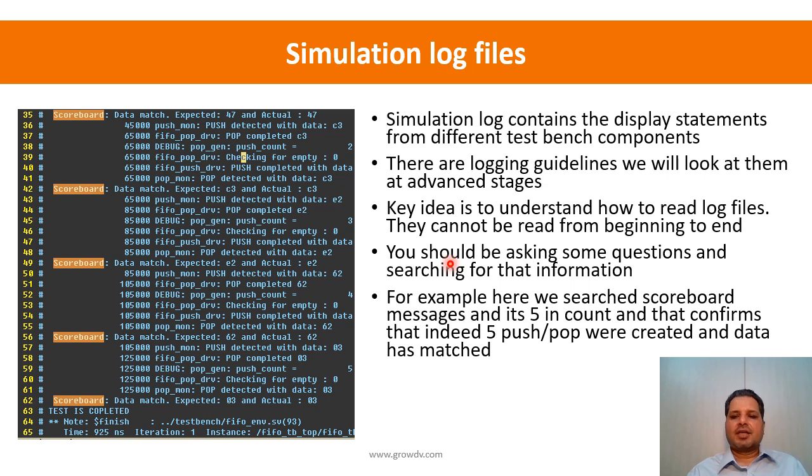But even if the test has failed, you should look at the error message, and then you should start from how far the test has progressed by looking at the stimulus that the test has generated, and then localize the area, where you have some theory that this is what has gone wrong, whether it has gone wrong at the push interface or at the pop interface, and during what time region it has gone wrong.